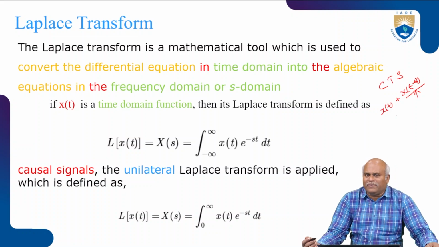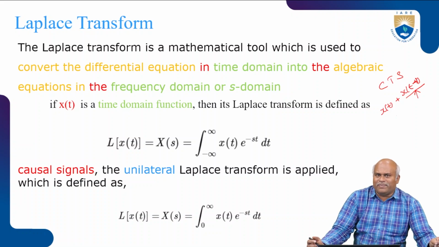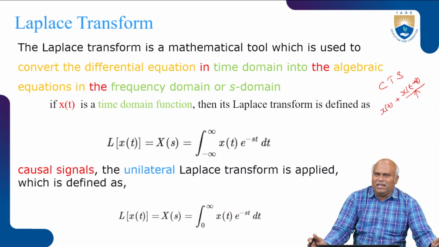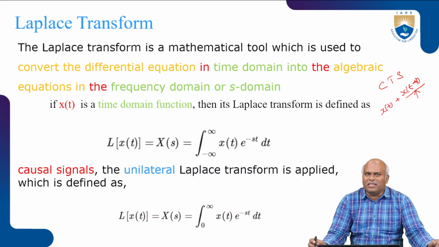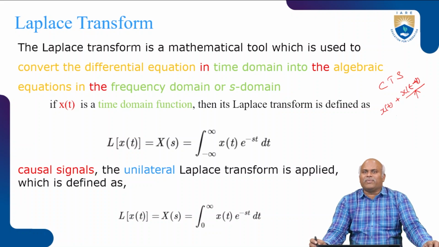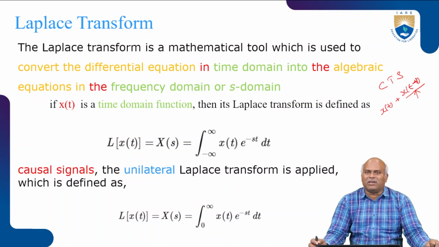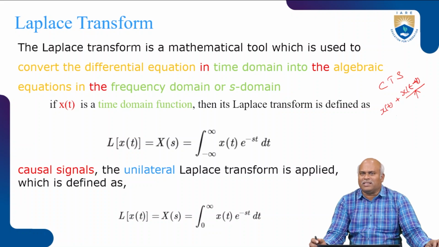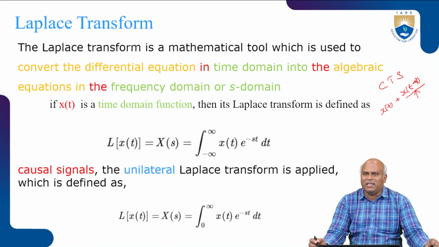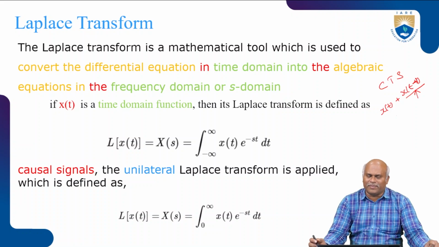For example, we take a causal signal. For it the unilateral Laplace transform is applied, which is defined as L of x of t is equal to X of s, represented as the integration from 0 to infinity of x of t e power minus st dt.